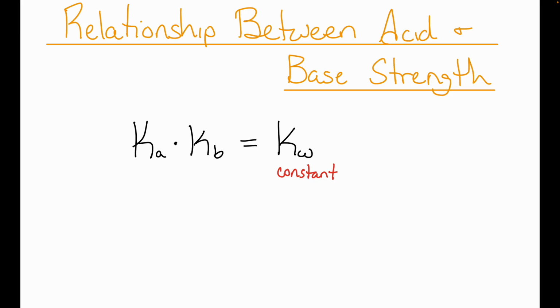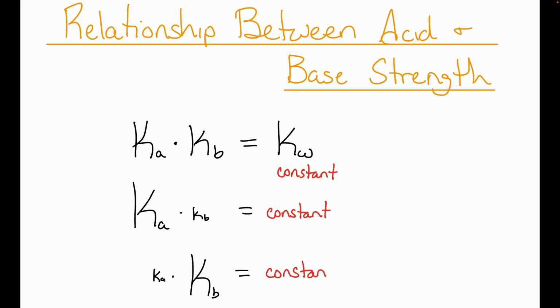Which means that if I have a very large Ka value, my Kb value has to be really tiny because it's got to equal that same constant number. Or if I have a very large Kb value, my Ka value has to be really tiny.